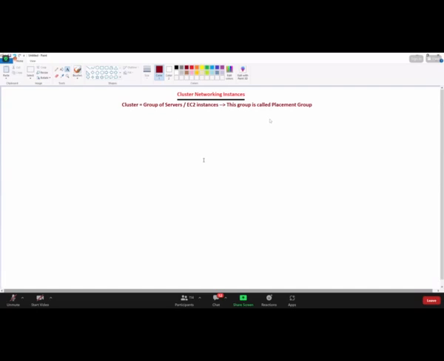Got it? So if you want to group, if you want to get good performance, then go with the cluster placement group. I'm telling this within the EC2 instances, within AWS, not from the customer point of view. Okay, so let me go ahead and write. So these are the EC2 instances. Let's say I took 4 EC2 instances.